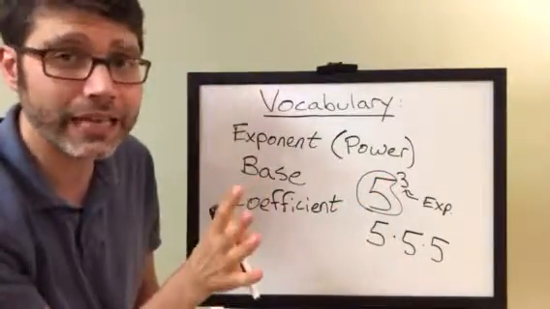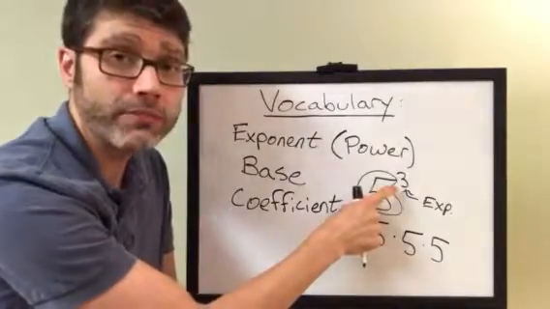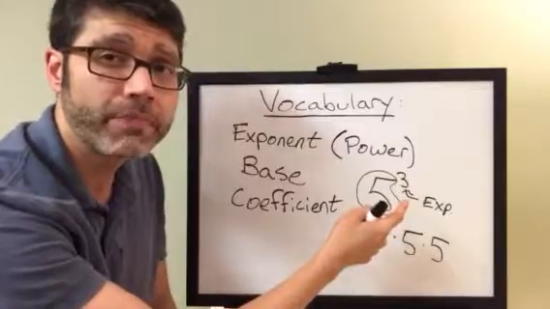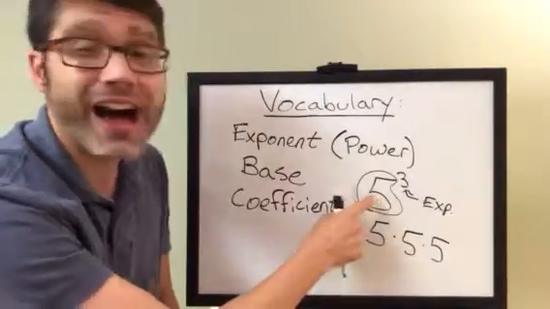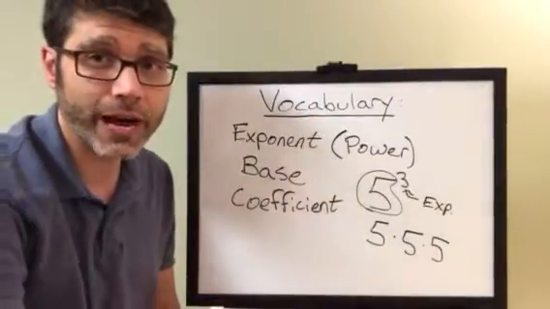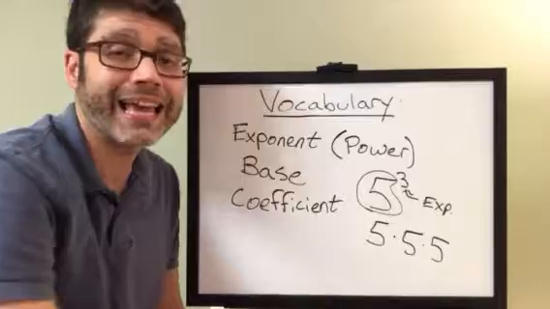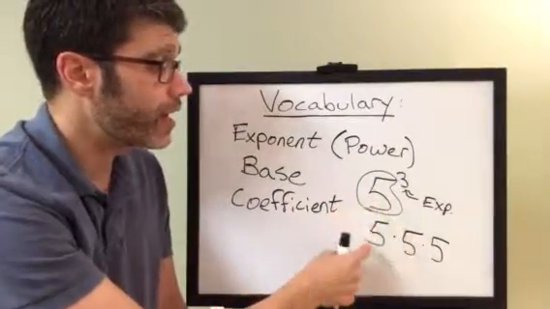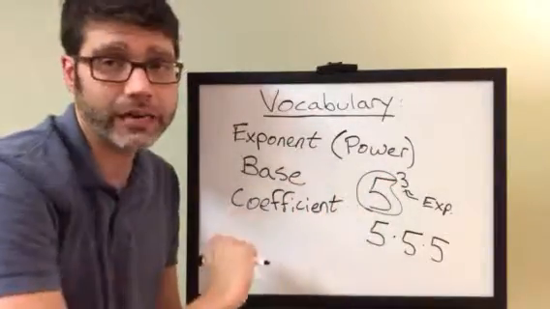There are a couple ways that we can say this. We can say this is 5 cubed. We could say it's 5 to the third power. We could say that it is 5 raised to the third power. Those are all ways to express this same idea, which is having 5 multiplied against itself 3 times.